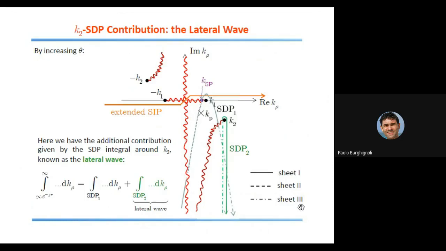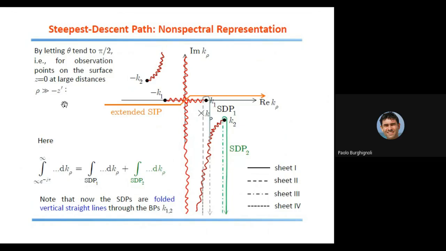Finally, when theta tends to pi over 2, that is, when the observation point is on the interface between the two media at large distances, that is rho much larger than the abscissa of the source, then this is the situation. You have a pair of vertical steepest descent paths, the gray one and the green one. Both are folded onto themselves, and now we see that all four sheets are involved depending on the location where you are on the steepest descent path. Okay.